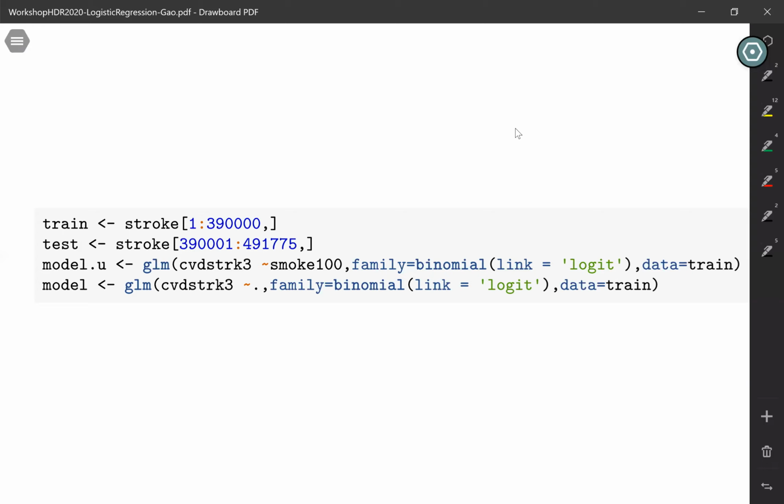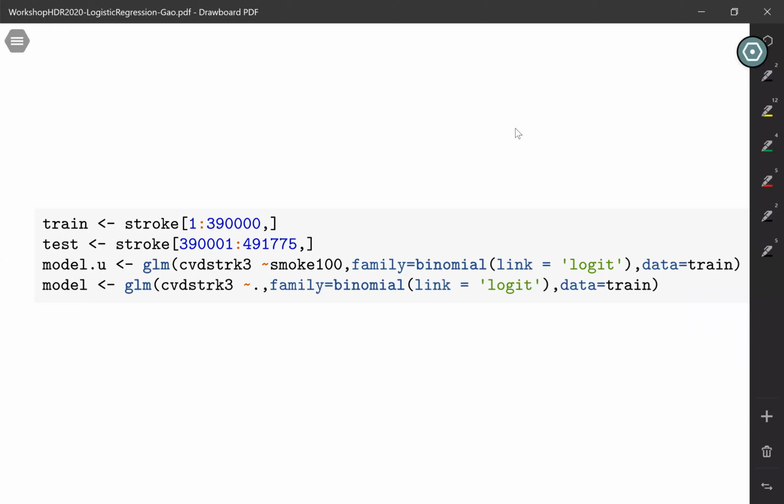Because I don't have other data, I just use the original data as the training and the testing part, right? But the thing is, how should I split the data? There are many ways to split the data, so here I just use the simple way. Usually we randomize, so we select a sample randomly from the full data set.